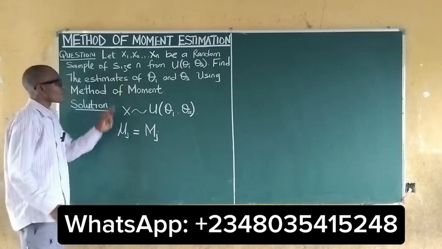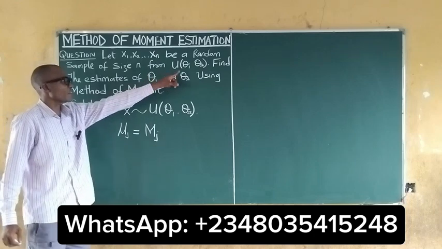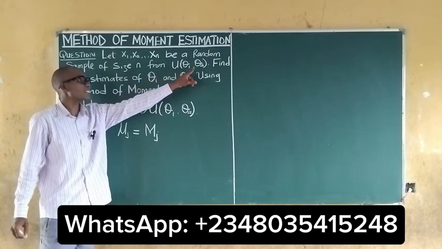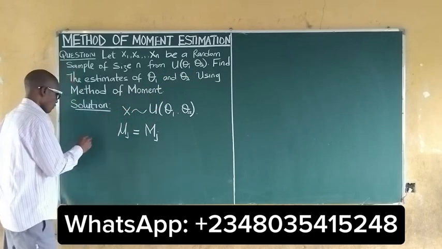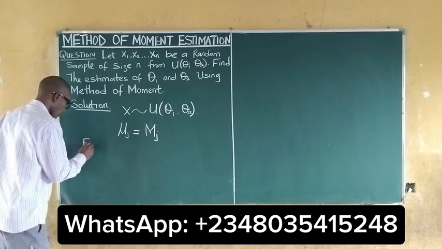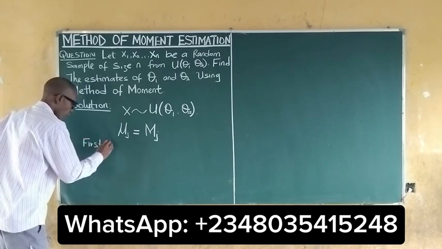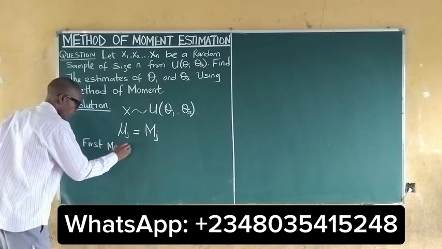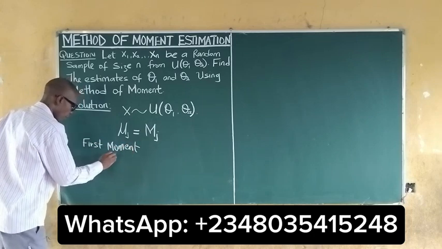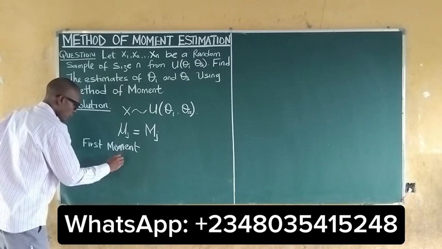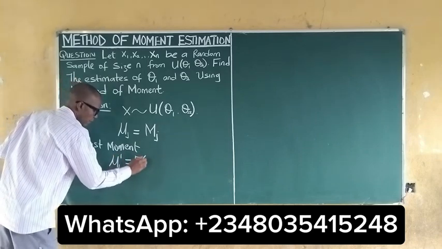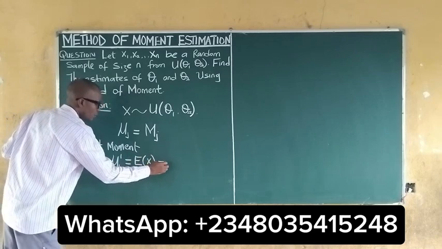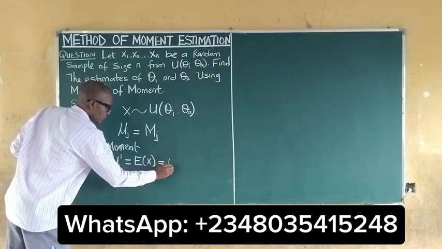But in this case, we have parameters theta 1 and theta 2, which we will look for their estimates. For the first moment, the population mean is equal to the expected value of x, which is the mean, which is theta 1.